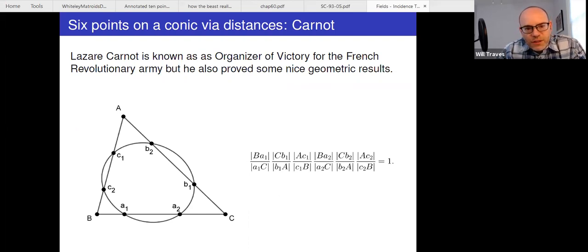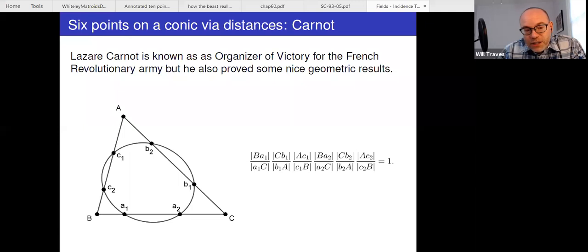Carnot himself was a spectacularly interesting person. He was the Minister of Defense during the French Revolution, essentially. He was called the organizer of victory because he set up essentially all the supply chain for the French Revolutionary Army.